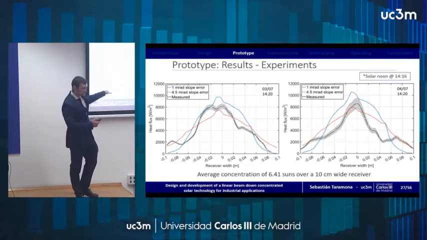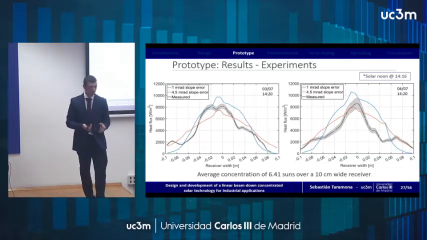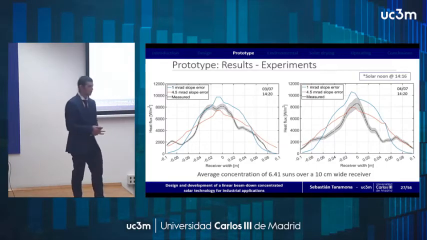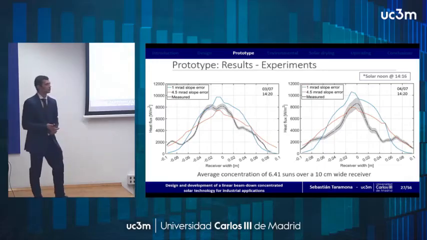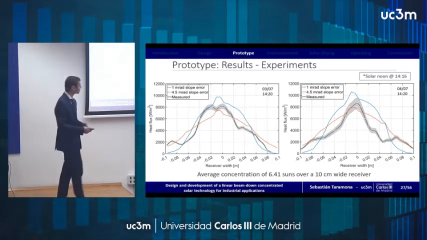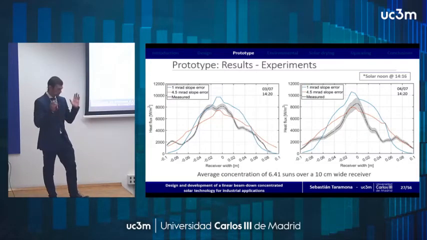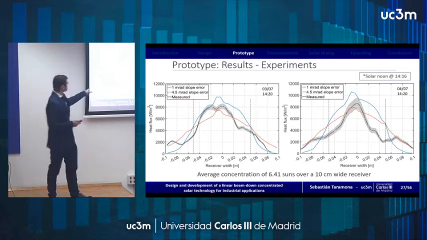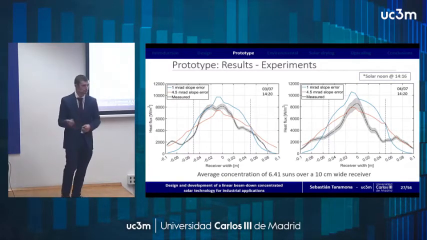And we also have to take into account that this gray zone that you can see in the figures is because of the uncertainties in the translation between the grayscale of the camera and these heat flux units. Now, if we were to only focus on the receiver width that we designed, we can see that we obtain an average concentration of 6.41 suns over this receiver width.